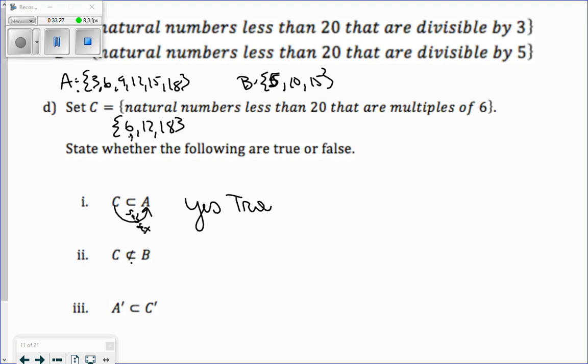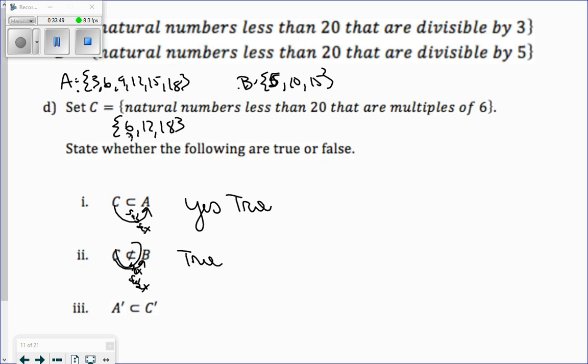This means not subset. So what I suggest you do is answer that from the true side. Say, is C a subset of B? So are all the elements in C also in B? No. So we would write false, because not subset means true.